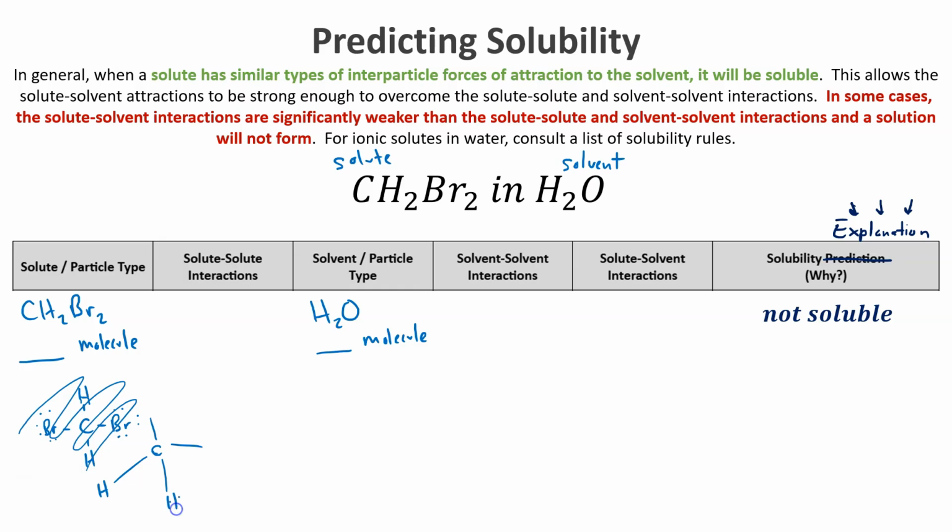And if you draw it out this way with the two H's and the two bromines, like so, you can finally see that while it looked symmetrical here, when I actually draw it out, I've got the bromines over here on this one side and the hydrogens over here on the other side. This is actually asymmetrical. And because it's asymmetrical, I've got a polar molecule.